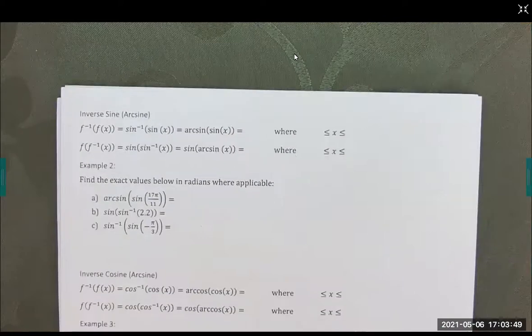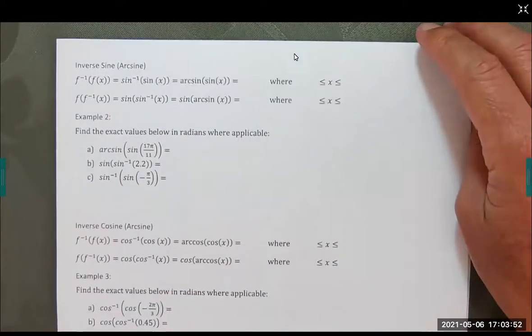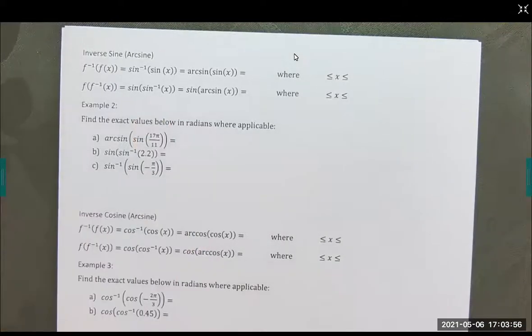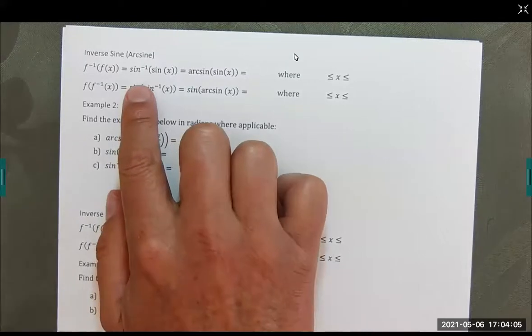All right, so inverse sine is also arc sine. You'll see it written either way as we do this. I want us to really keep an eye on this as we're doing this.